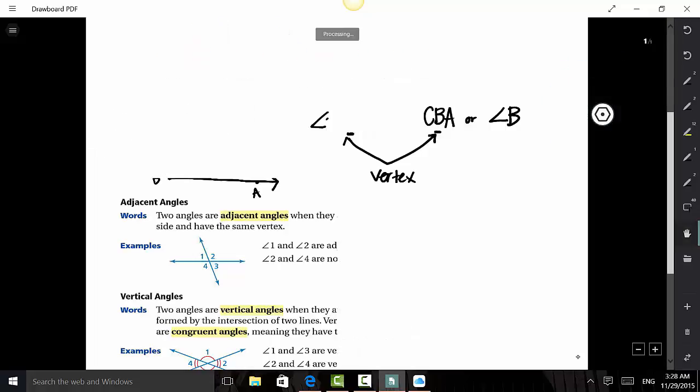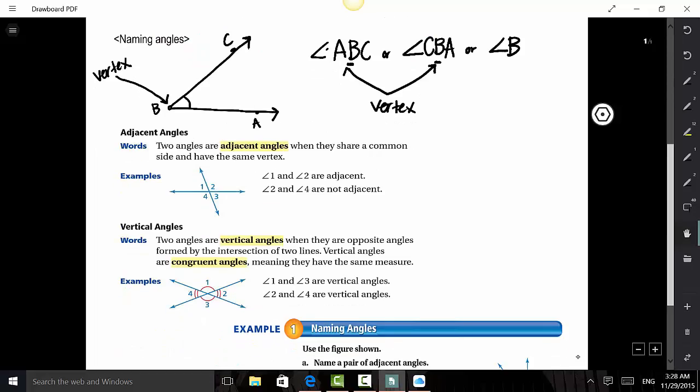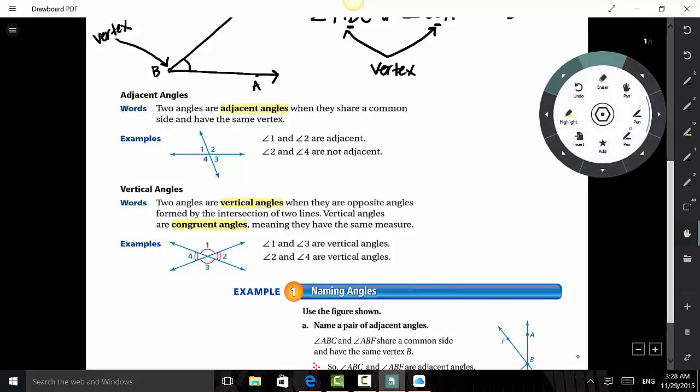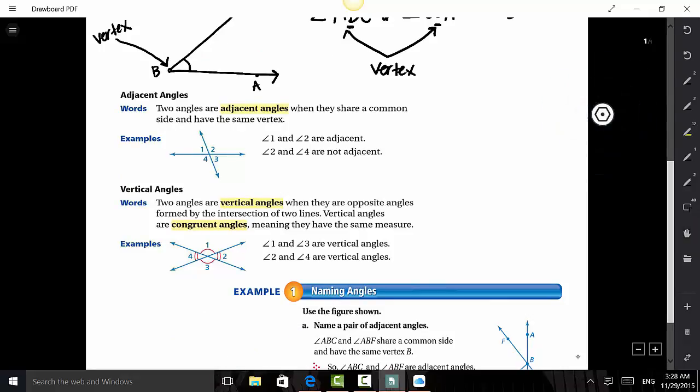Okay? Next, we're going to look at several different types of angles. The first one we'll look at is an adjacent angle. In English, adjacent means things that are right next to each other. So adjacent angles are angles that are next to each other and touch a line together.